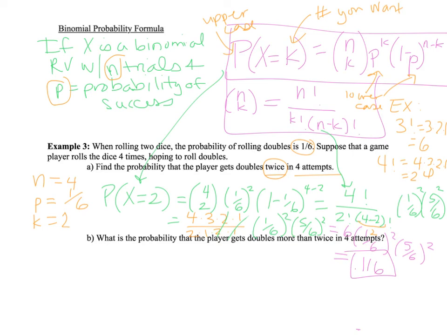All right, so for part B, we're looking for the probability that the player gets doubles more than twice in 4 attempts. What that means is I'm looking for the probability that x is greater than 2. So I need to do the probability that x equals 3 plus the probability that x equals 4.